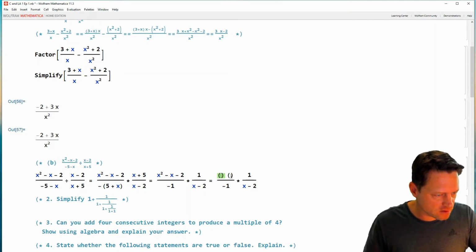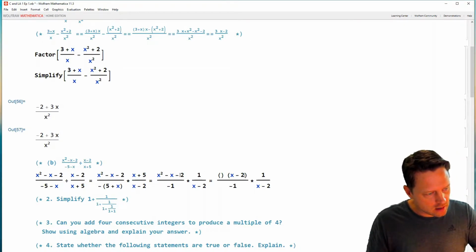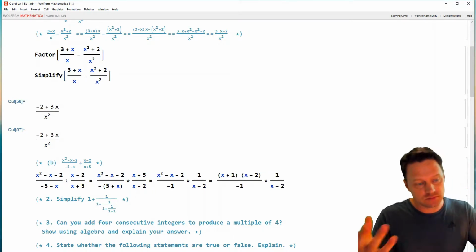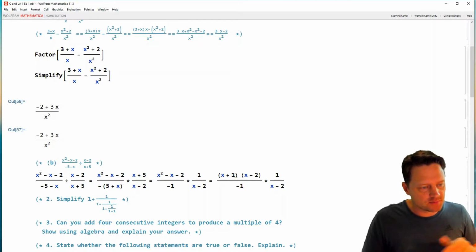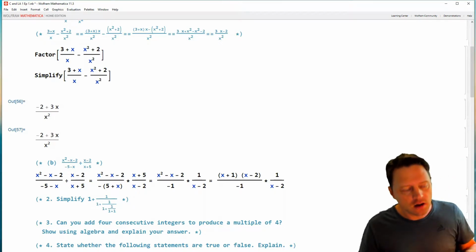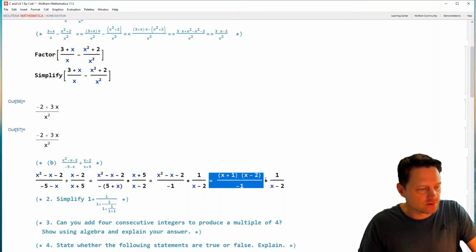One of those is probably x minus 2 because we have a minus 2 there. So the other one might be x plus 1. Let's just guess that. So if we expand that out, then we have a minus 2, and then we have an x minus 2x, which gives us minus x. So that actually works out fine. Okay, now we can perform the cancellation of the x minus 2.